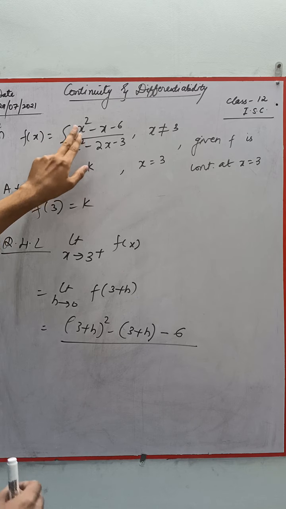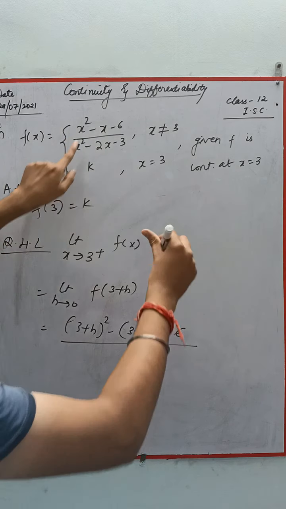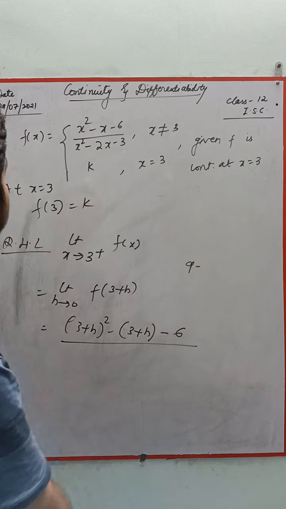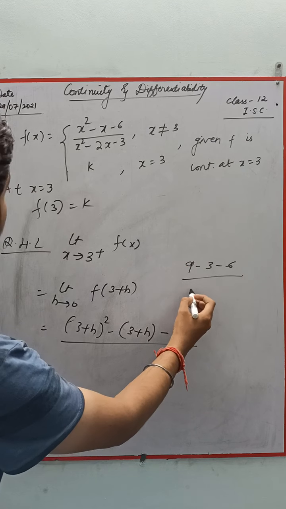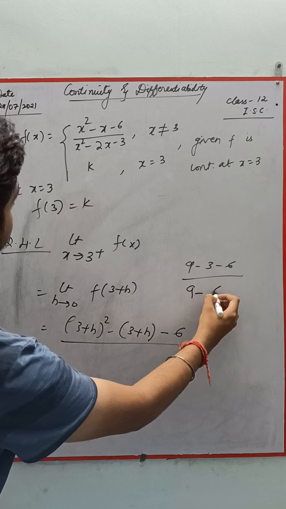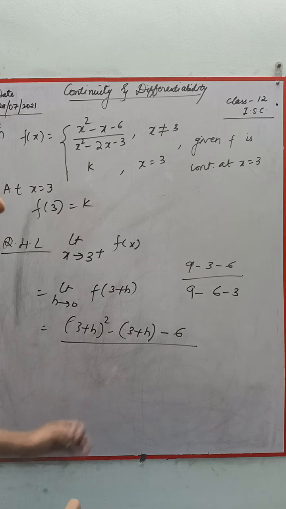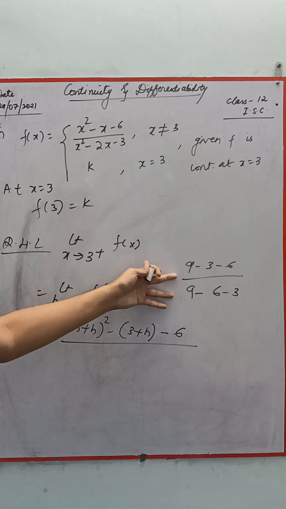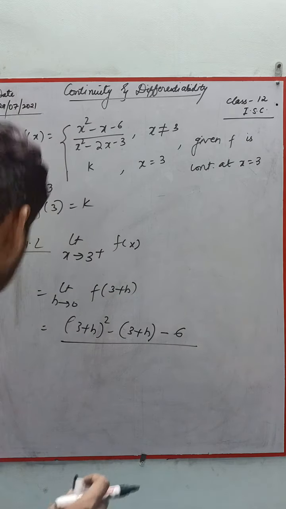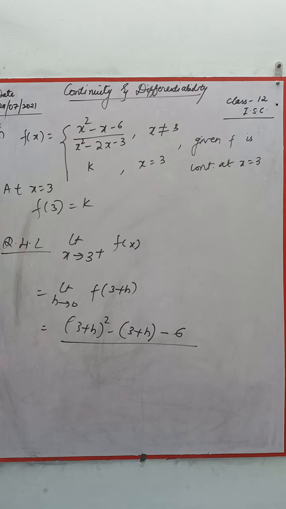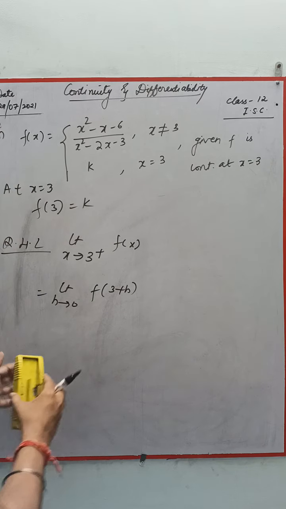So if you put x is equal to 3 here, it will be 9 minus 3 minus 6 upon 9 minus 6 minus 3. We are getting 0 by 0 form here. So we cannot directly take the function. We need to first solve it.